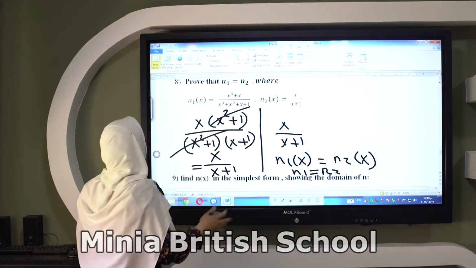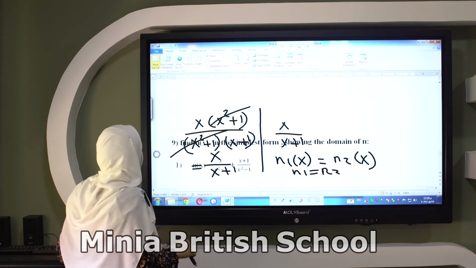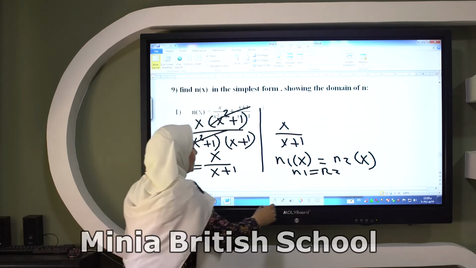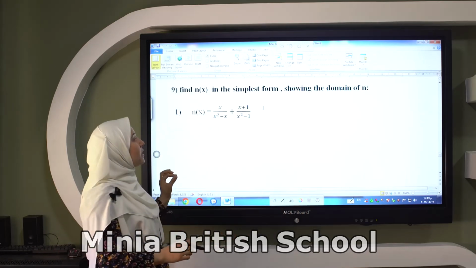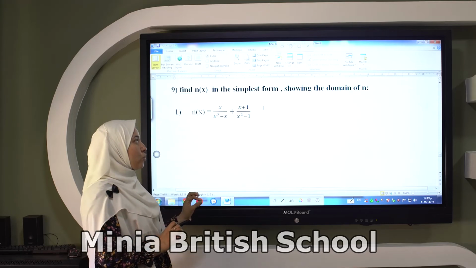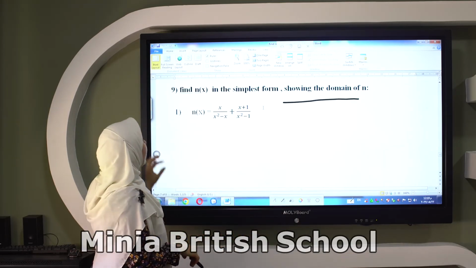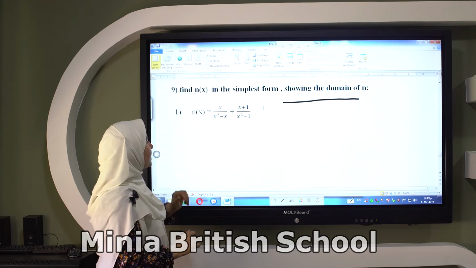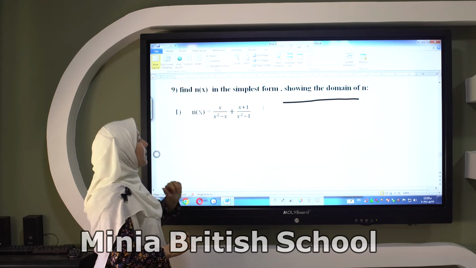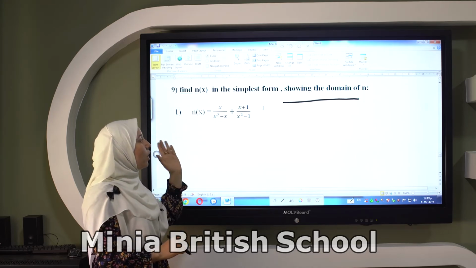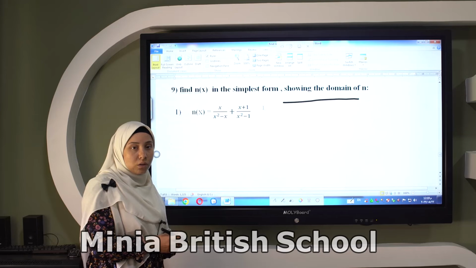Okay, next question, number 9. Find N(x) in the simplest form showing the domain of N. Okay, N(x) equals x over (x^2 - x) plus 1 over (x^2 - 1).